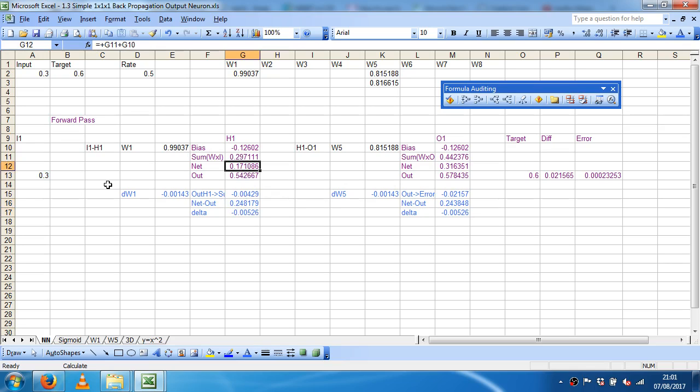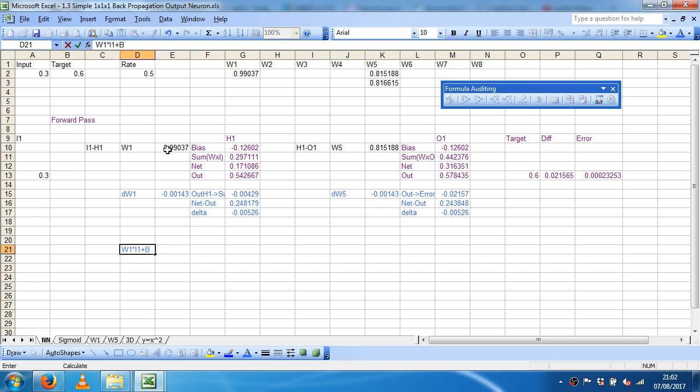So we need to just do the final step to see how W1 is involved in getting to here. W1 is involved in this calculation here. W1 times 0.3 plus the bias. So it's basically W1 times input 1 plus the bias.